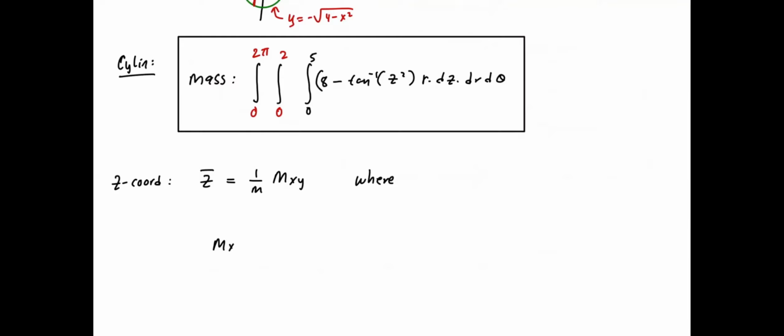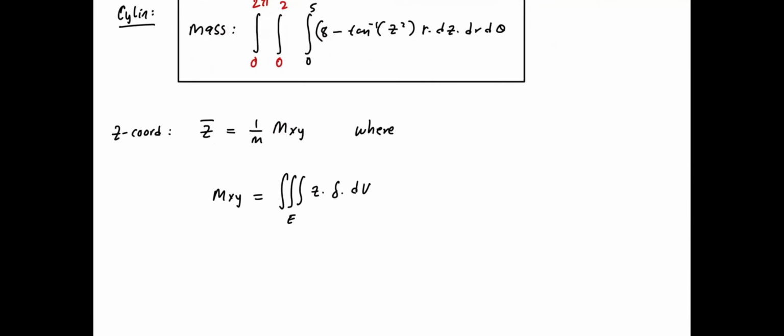So the moment about the xy plane is, again, the triple integral over the solid E of z times the density times dv. And you can, again, set it up in rectangular or cylindrical, but it looks like cylindrical is easier. So I'm going to go ahead and use that. So our moment about the xy plane would be the triple integral.